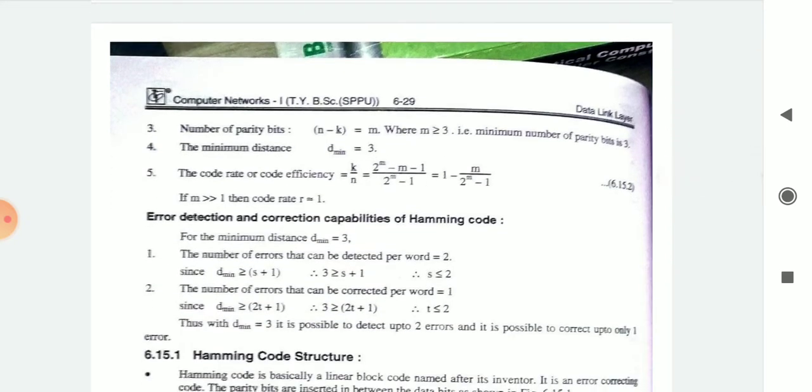Now see, the number of parity bits n minus k is equal to m, where m is greater than or equal to 3, that is the minimum number of parity bits is 3. With the help of the Hamming code we can calculate the minimum distance dmin is equal to 3.